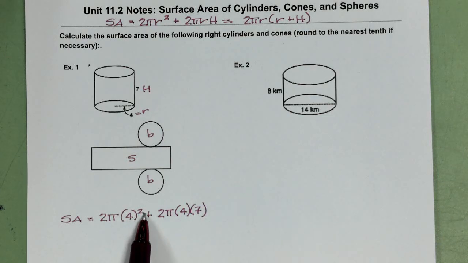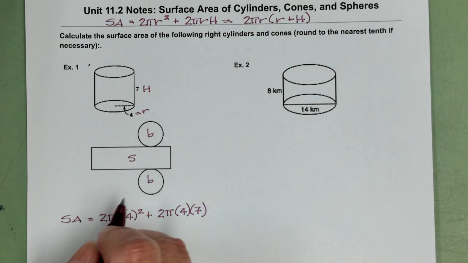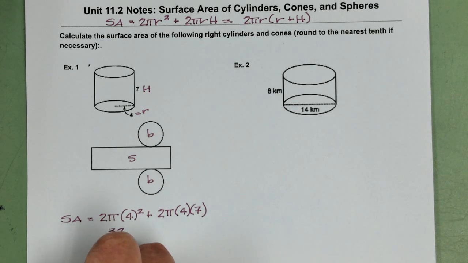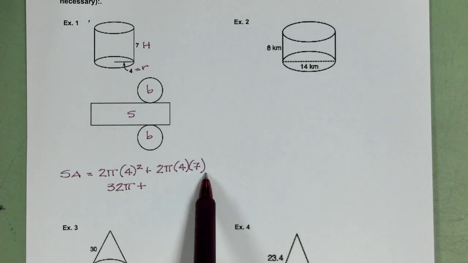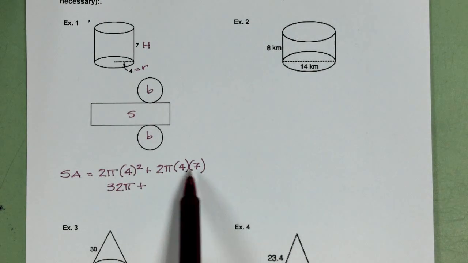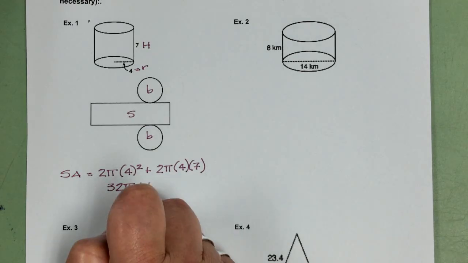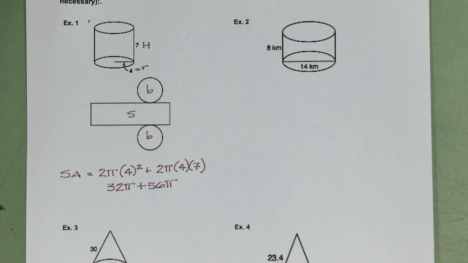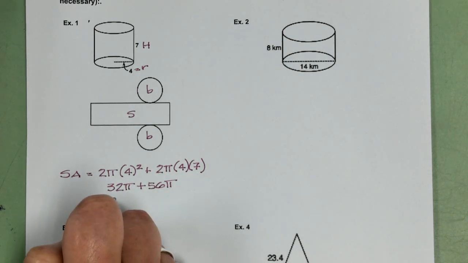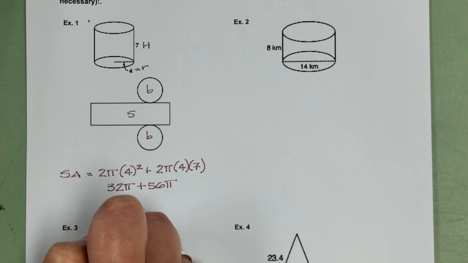So 4 squared is 16, 16 times 2, 32 pi plus 4 times 7 is 28, 28 times 2 is 56. So I have 32 pi plus 56 pi. I can add these two together and I get 88 pi.